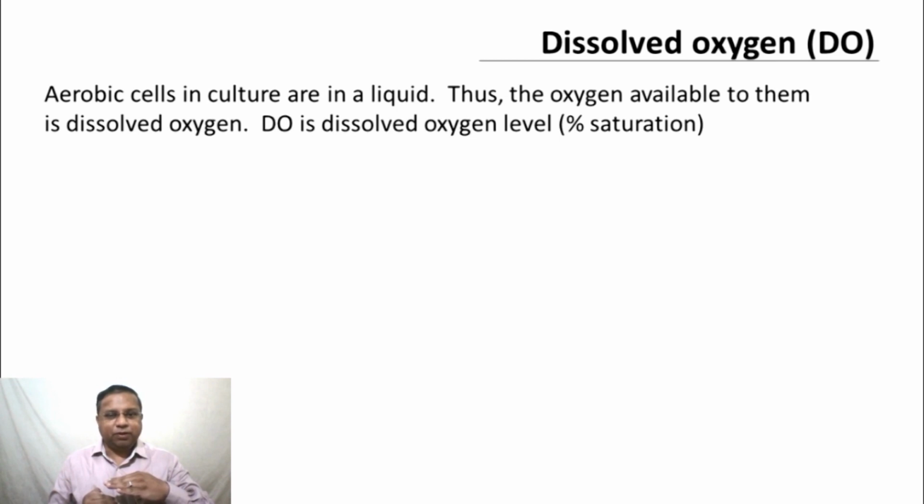It's only about 8 ppm, 8 milligrams per liter, that you find here when you have 21% oxygen in the air. This is true for any species that is partitioning between two phases, from thermodynamics. You would know this. This particular system is what is of interest in bioreactors. Therefore, we'll look at this in some detail.